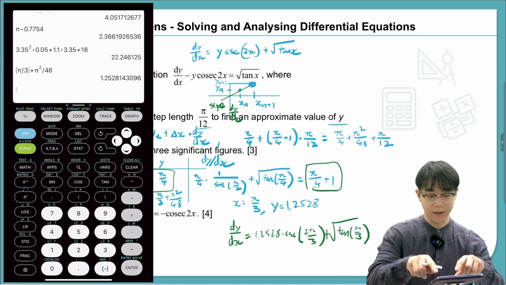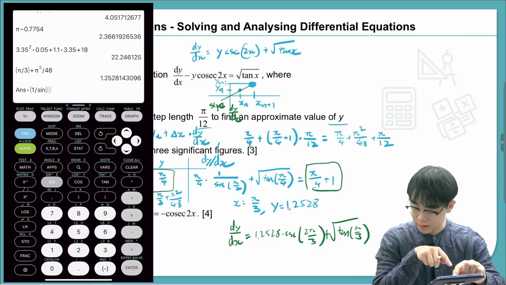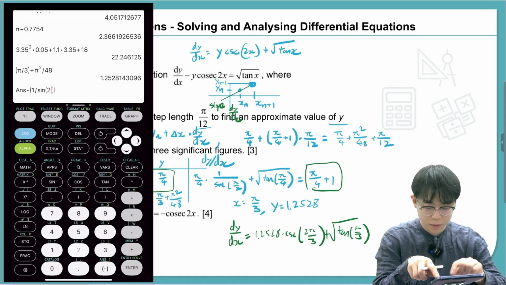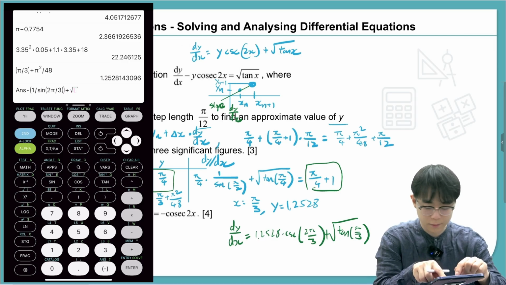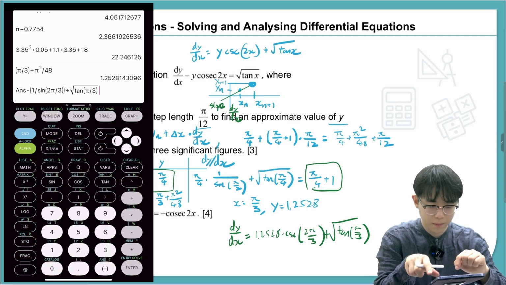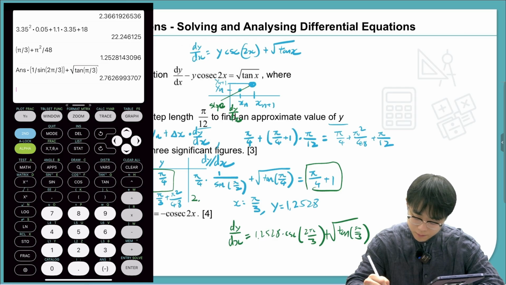Okay, so let's put that in our calculators. 1 over sine 2 pi over 3 plus square root of tangent pi over 3. So our new value of dy over dx is going to be 2.7627.